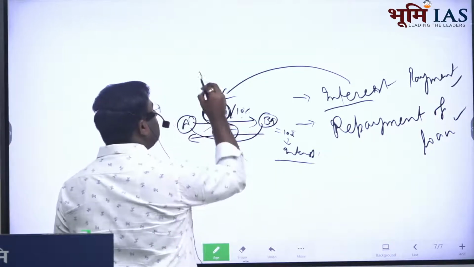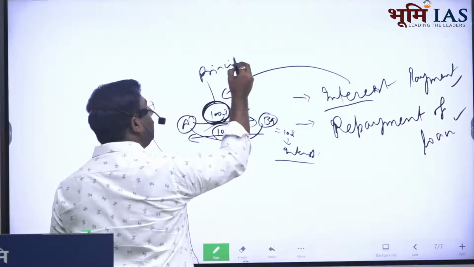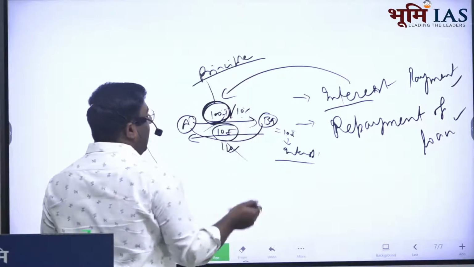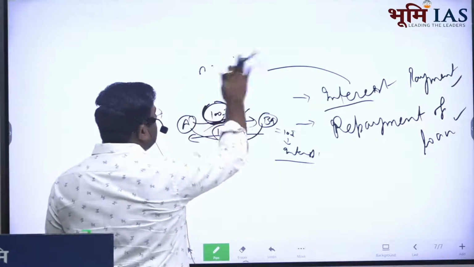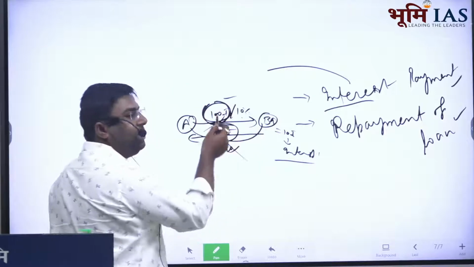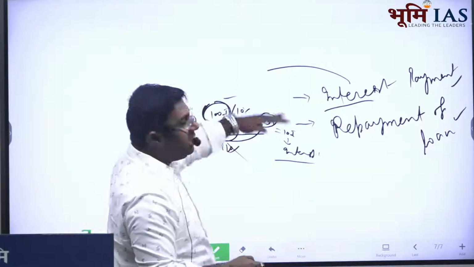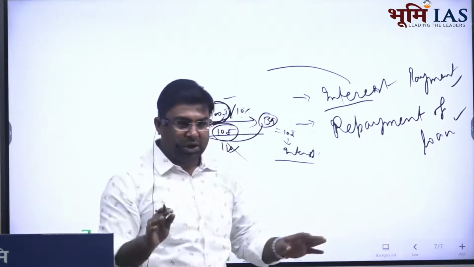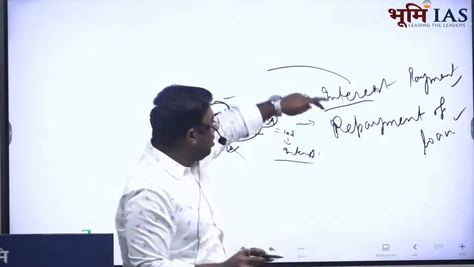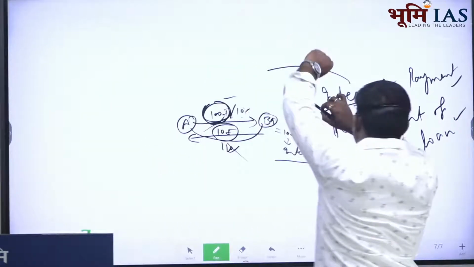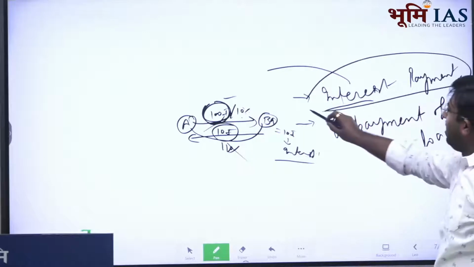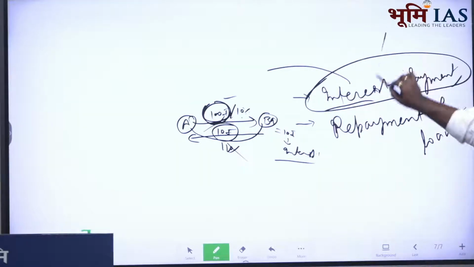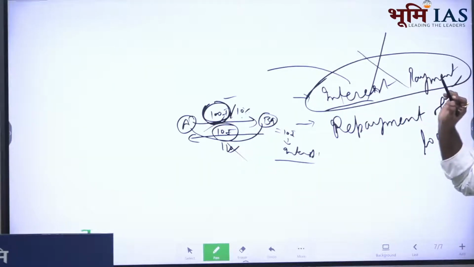This principal amount which was borrowed. And until and unless this principal amount is repaid, the liability would not be diminished from B. Fine? So the word interest payment shall not have any place under capital account.